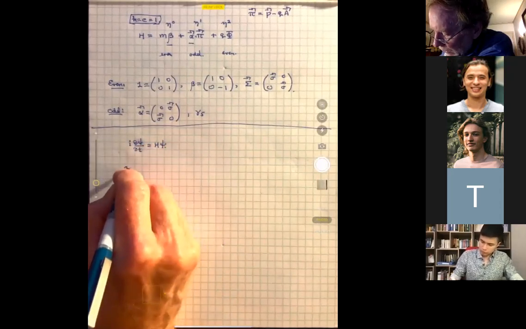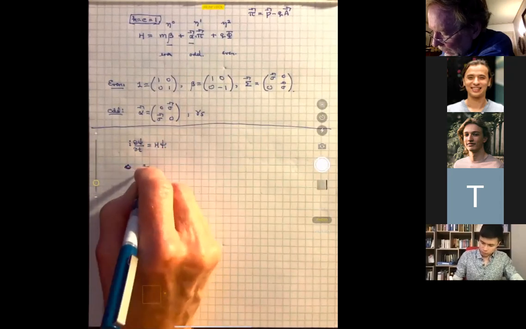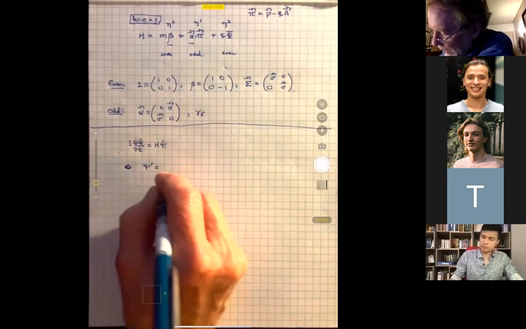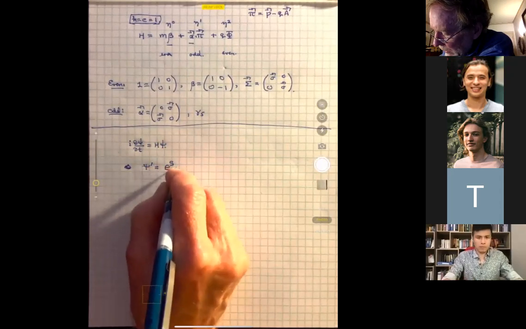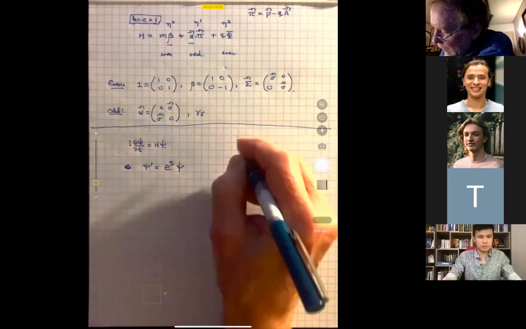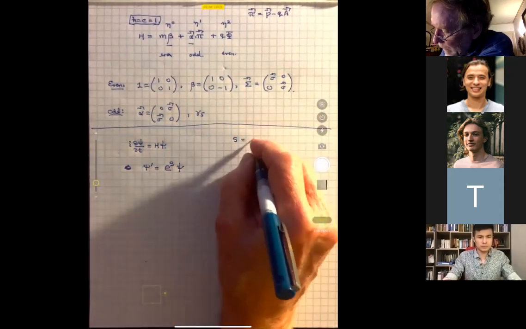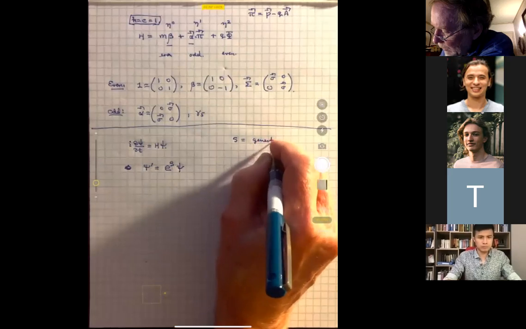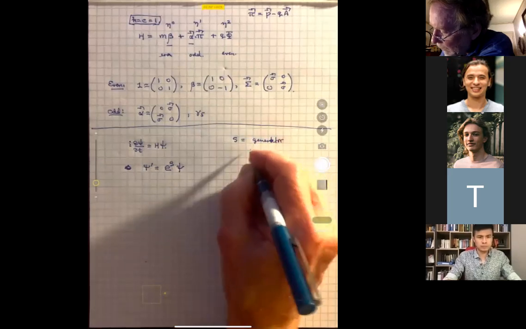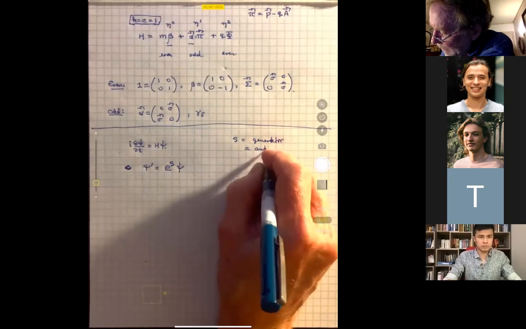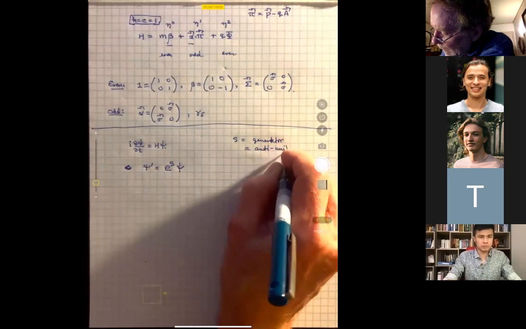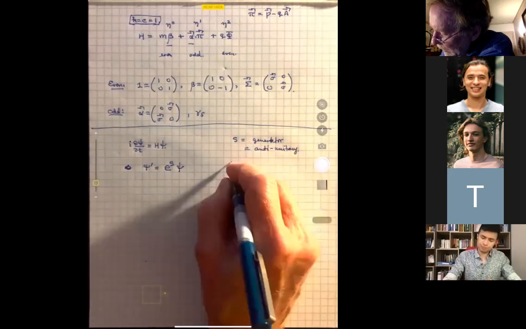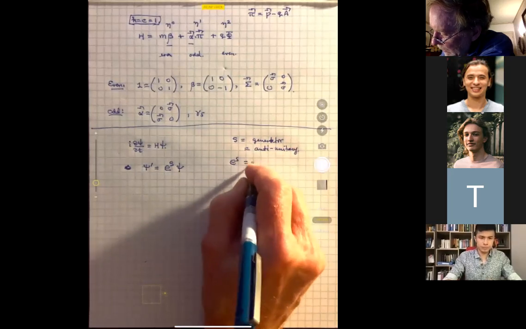And let's write psi prime, a new wave function, equal to e to the S times psi. We'll call S the generator of the transformation, and we'll demand that it be anti-unitary, because if we do that, then e to the S is a unitary transformation.